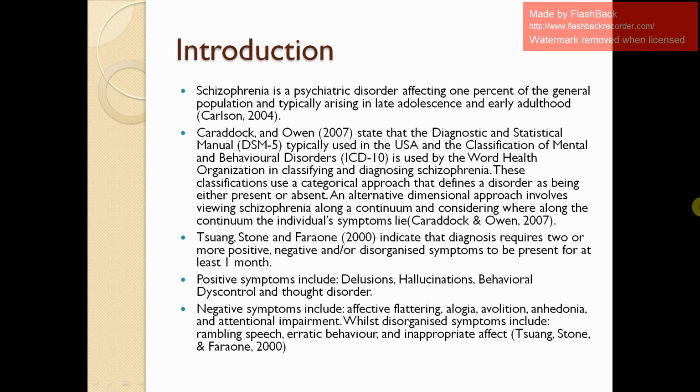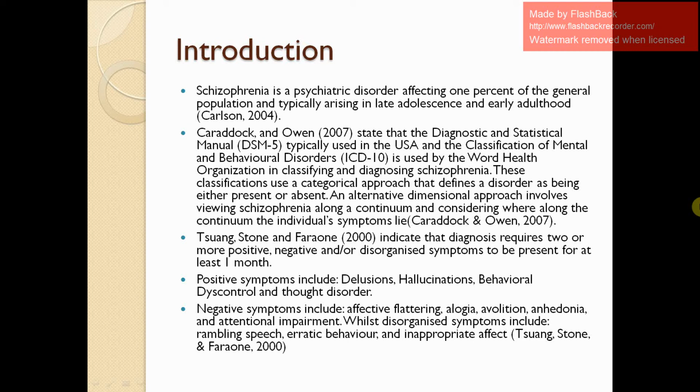These classifications use a categorical approach that defines a disorder as being either present or absent. An alternative dimensional approach involves viewing schizophrenia along a continuum and considering where along the continuum the individual symptoms lie.